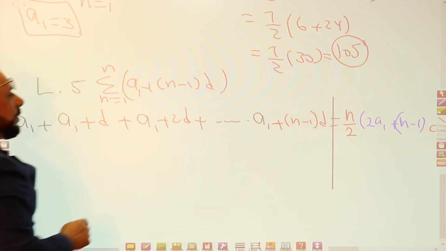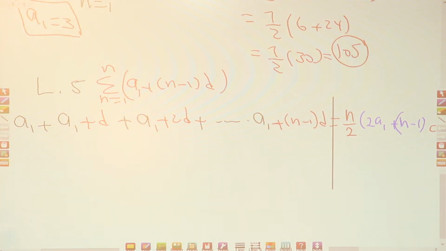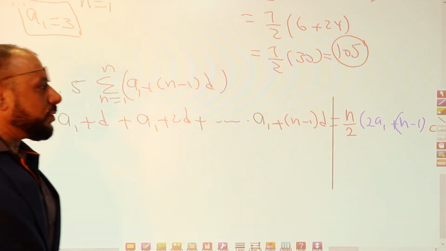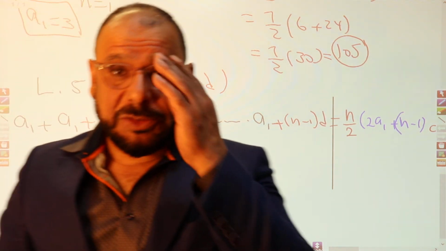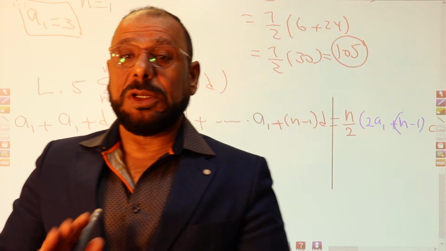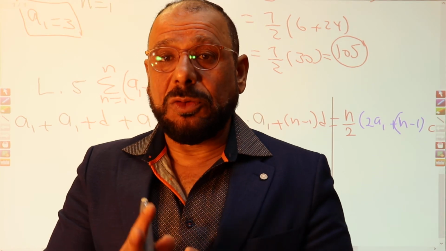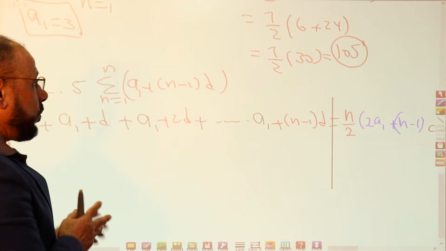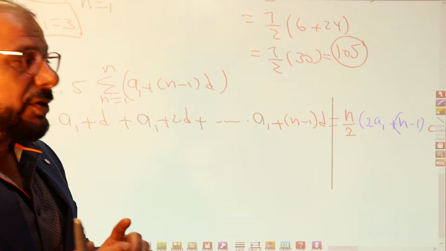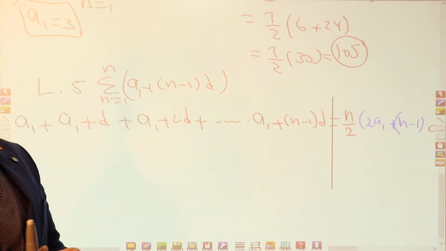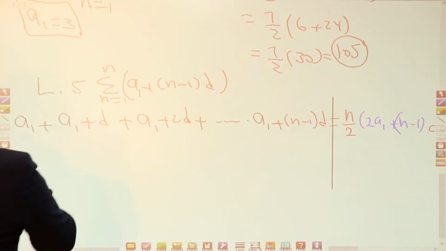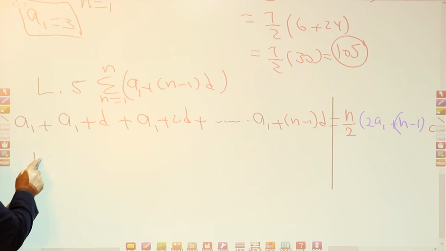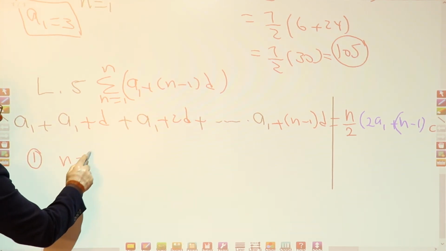Now, using mathematical induction, you need three steps. Using mathematical induction, you know how many steps we need, guys? We need 3 steps to prove it. We need to check the left side and the right side both at n equal 1. Step 1 at n equal 1.